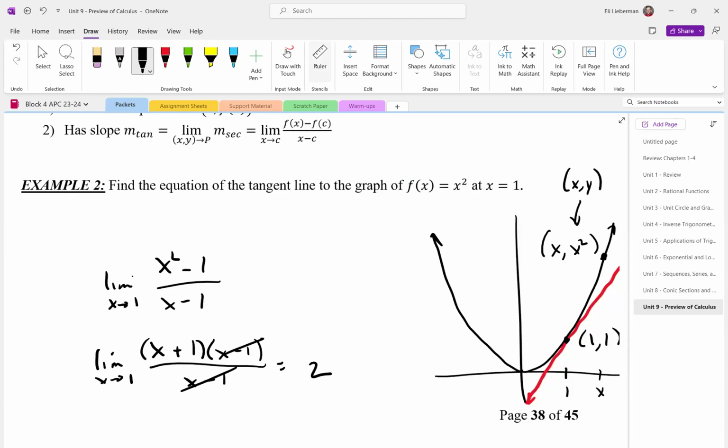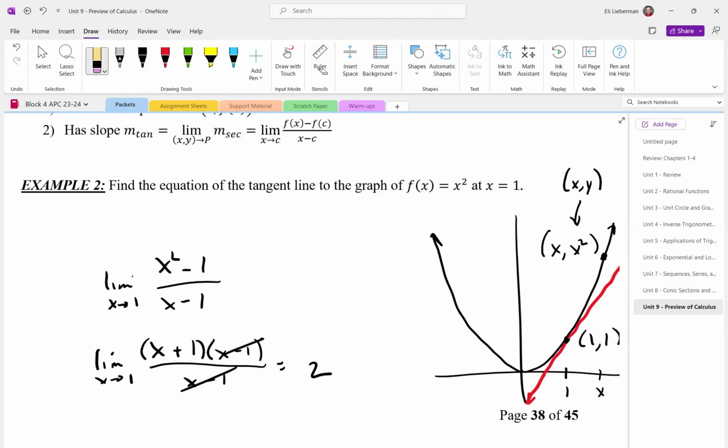What kind of discontinuity did we have here? It's removable. Now, there's no removable discontinuity in the function itself, but this is our new function that definitely has a discontinuity at x equals 1. We removed it and we were able to find the slope of the tangent line.